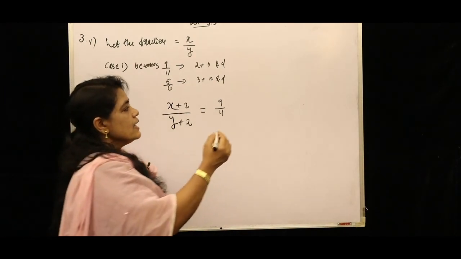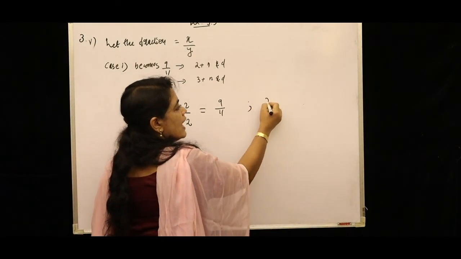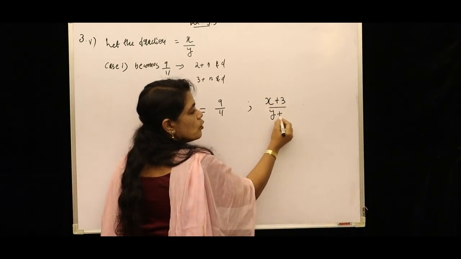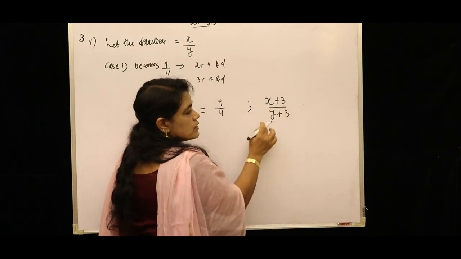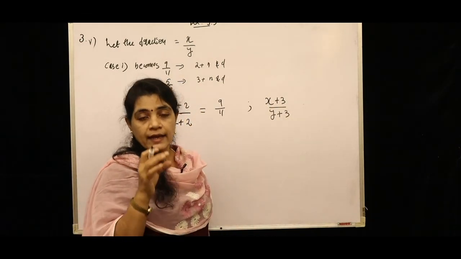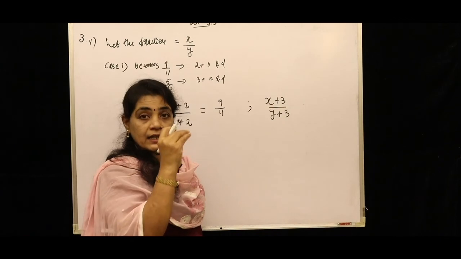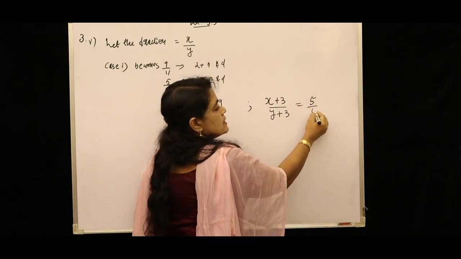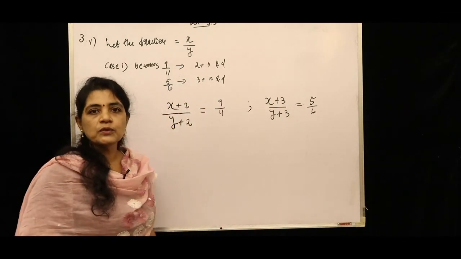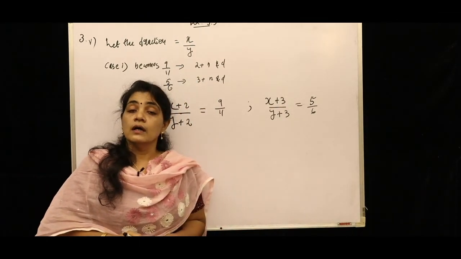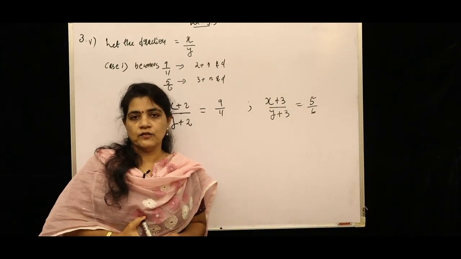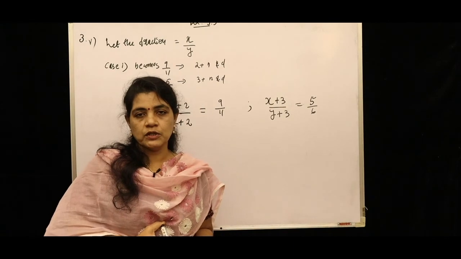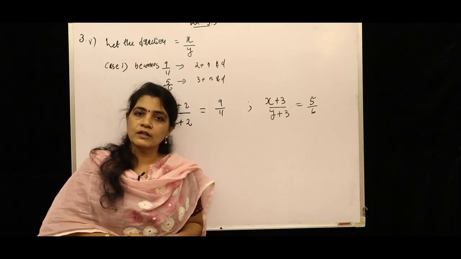In the second case, if we add 3 to the numerator and 3 to the denominator, where x by y is the fraction, it will become 5 by 6. Under these two conditions, we have to find the required fraction by the suitable method of substitution. We are going to solve these two.